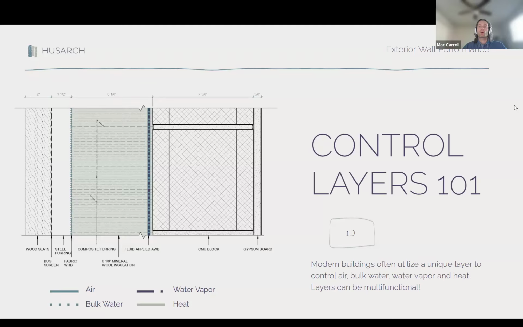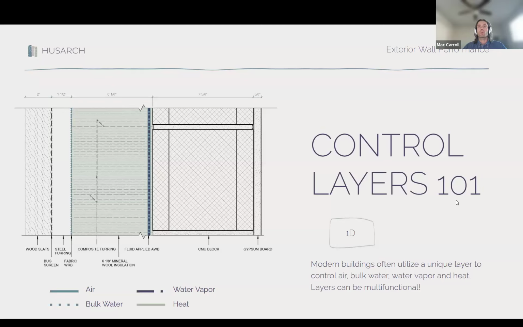We want to look at the different layers. In most modern building systems, you're looking at a couple of different layers at least. Historically, we may have been looking at a triple wythe masonry system that performs all of these functions, maybe not very well.